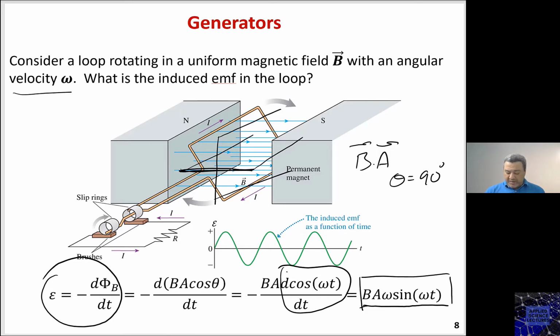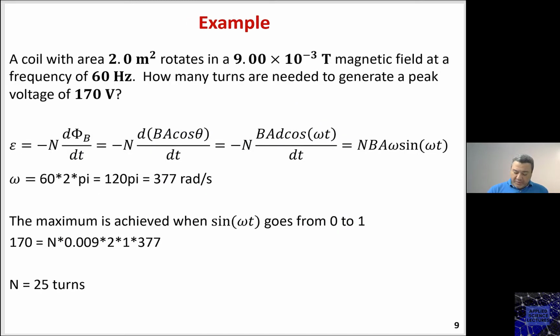So in this case, my sine omega t will take the value of 1, which basically is going to give me the maximum peak. So if sine omega t varies from 0 to 1, I get the maximum or the peak voltage. So here I will put epsilon equal to 170.